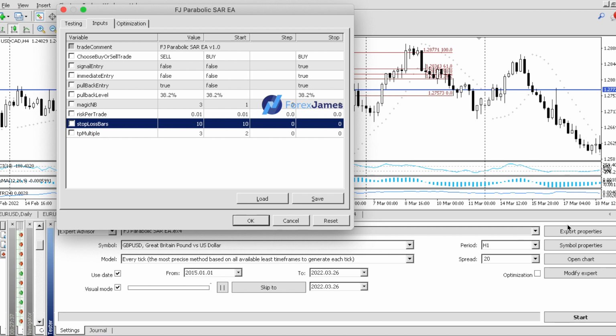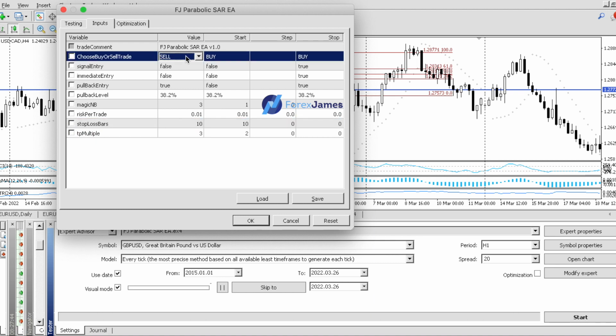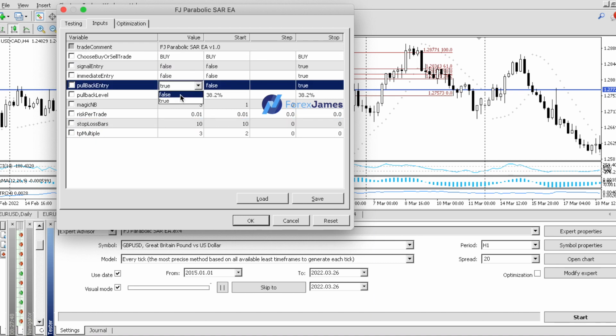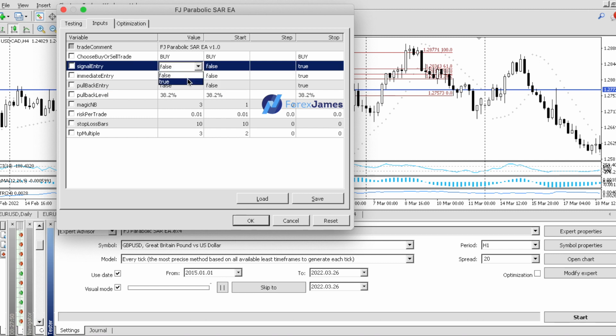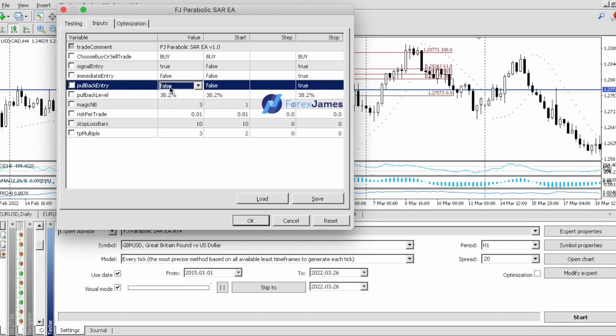Let's jump into the strategy tester here, and I'll show you some of the features here. So let's just go for a signal entry buy. If you don't set the pullback entry to true, then these levels wouldn't be in play anyway. Don't worry about them.